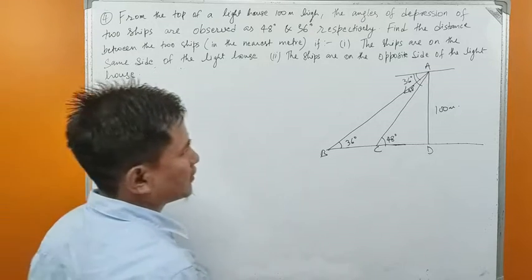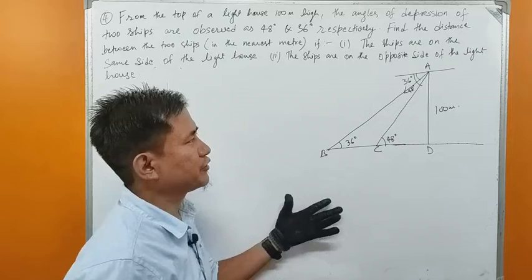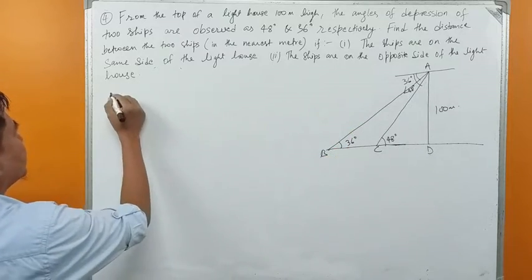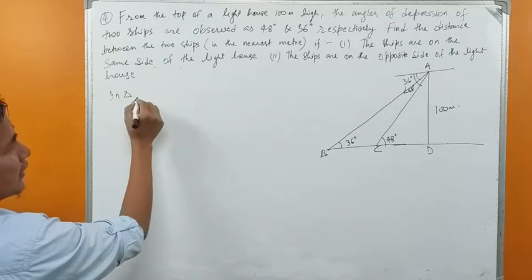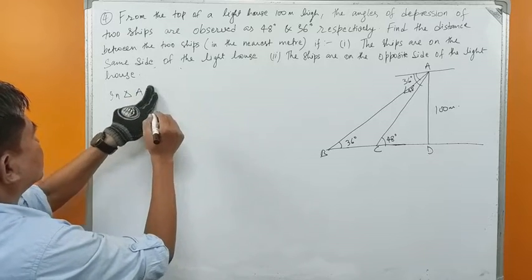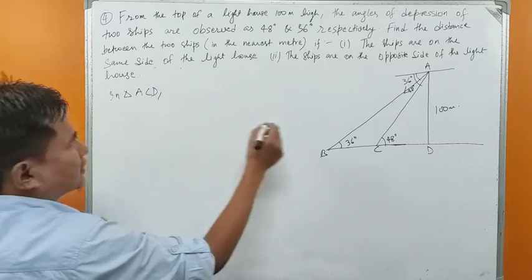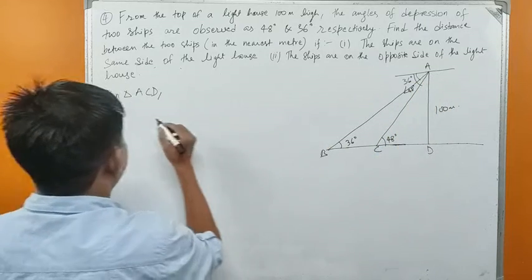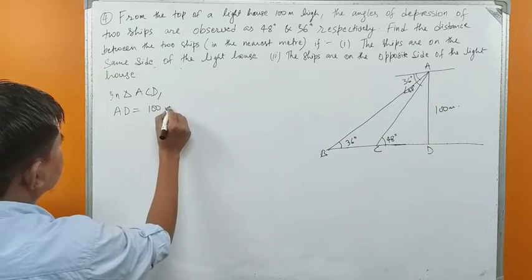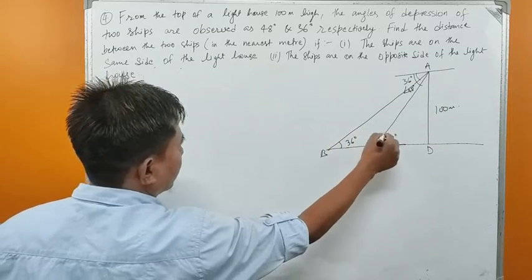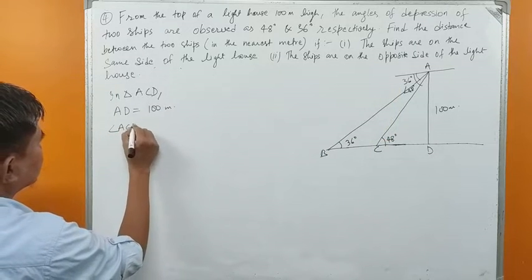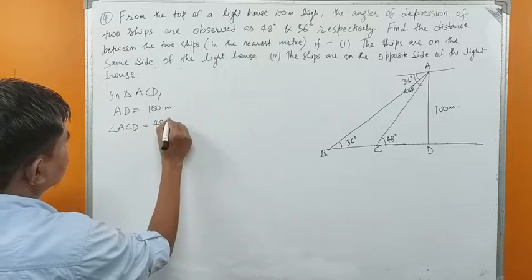First of all, in this type of question, we always take the smaller triangle first. In triangle ACD, the smaller triangle, AD equals the height of the lighthouse, that is 100 meters, and angle ACD is 48 degrees, isn't it?